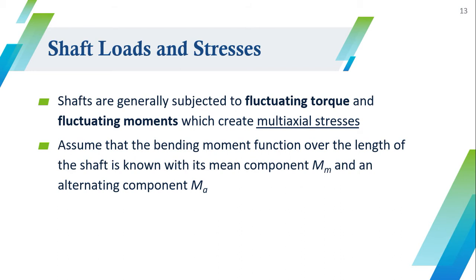As a result, we have fluctuating torques and fluctuating moments which are further multi-axial. Bending is generally in the transverse direction, and these are fluctuating because, as we discussed before, there is the phenomena of time varying stresses and the phenomena of fatigue.